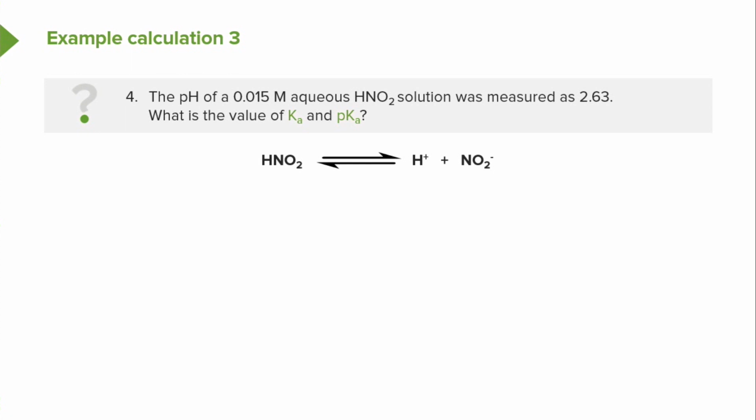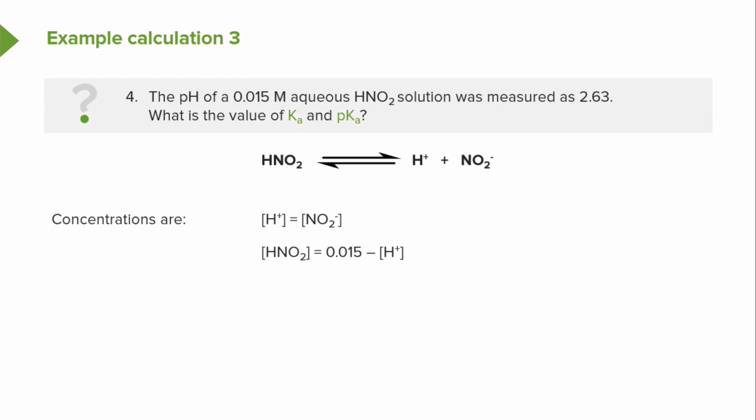And so what we need to do is put what we know about those particular components into an equation. So the concentrations of H plus is equal to NO2 minus. We make that assumption because we are assuming in this case that the majority of H plus comes from the dissociation of HNO2, and also because with every dissociation of one equivalent of HNO2, we must therefore get one equivalent of H plus and one equivalent of NO2 minus.